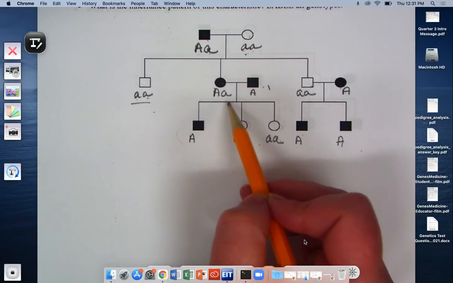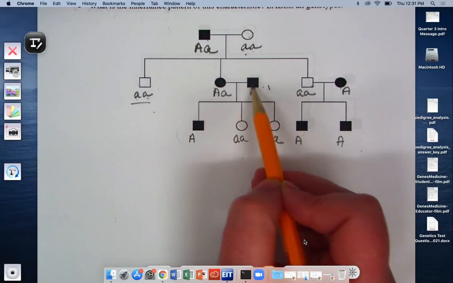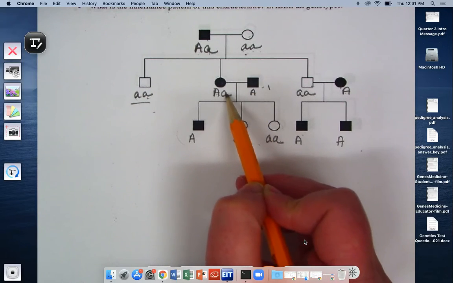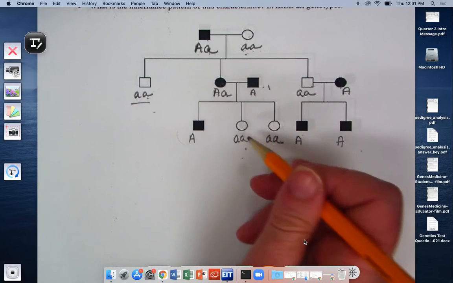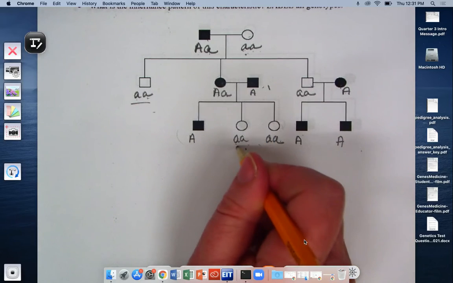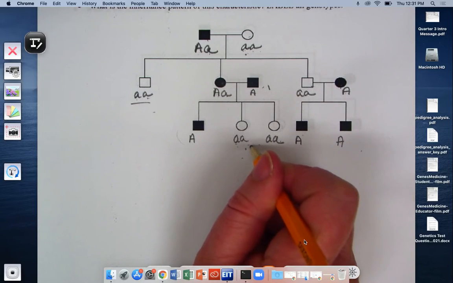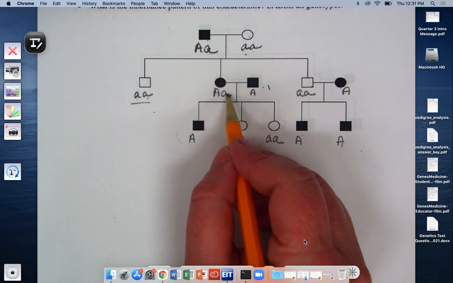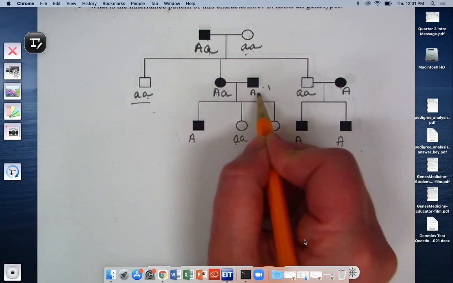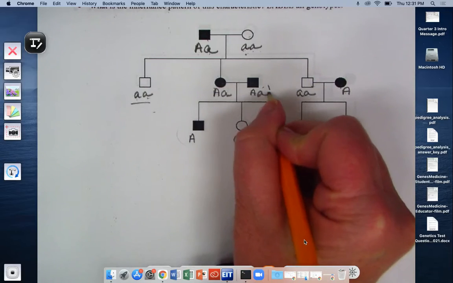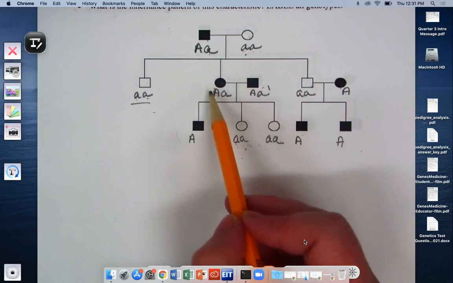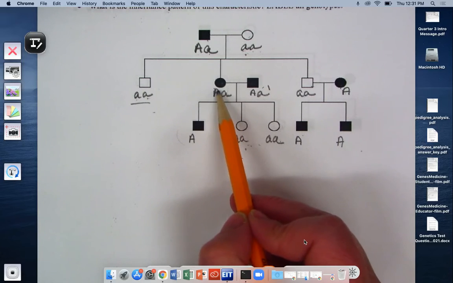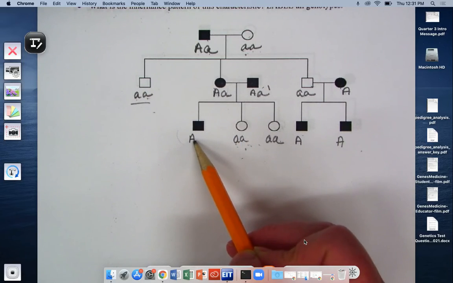So now I have this set up where I know this is a capital, this is a capital. I know they have the lowercase because of the parent. Now what about down here? So these two children have lowercase a. They got one from this parent. So what do they get from this parent? A lowercase a. Now, this parent could have given this letter.